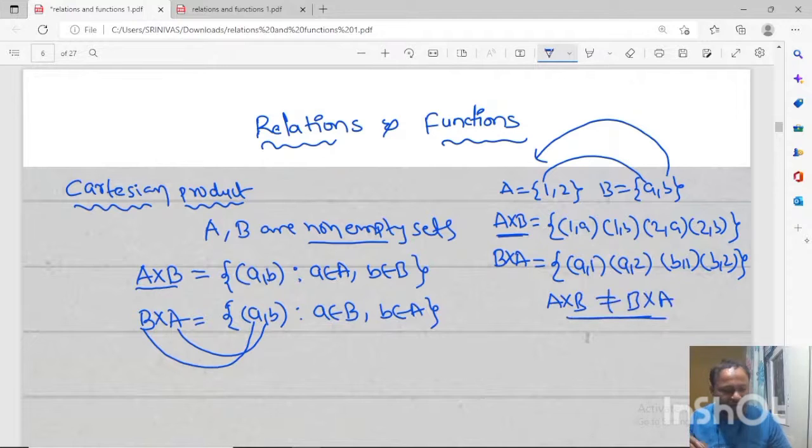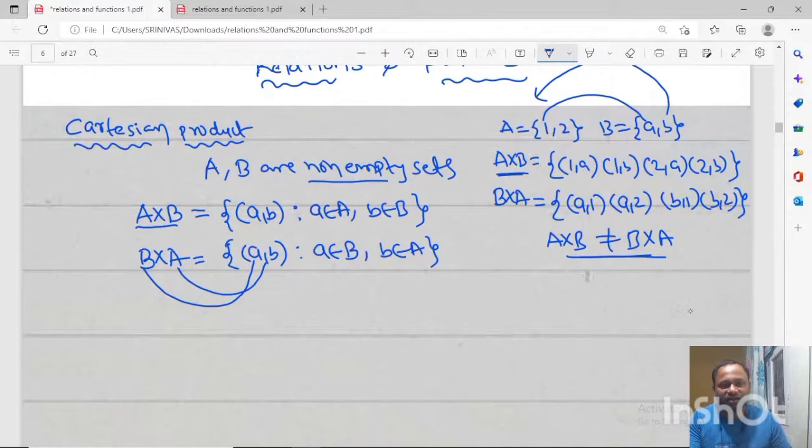We need to understand this concept. A cross B is not equal to B cross A. Whenever I said non-empty sets, here A is non-empty, B is non-empty. Non-empty means it has elements.